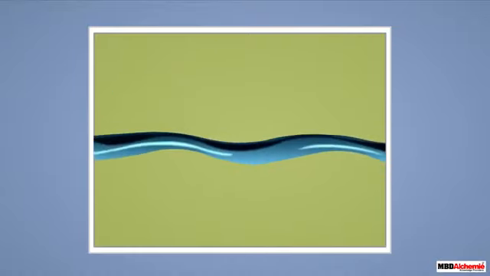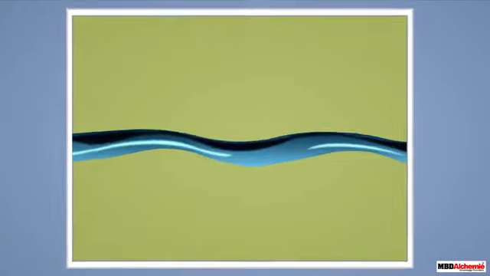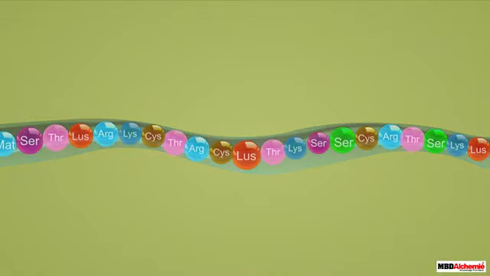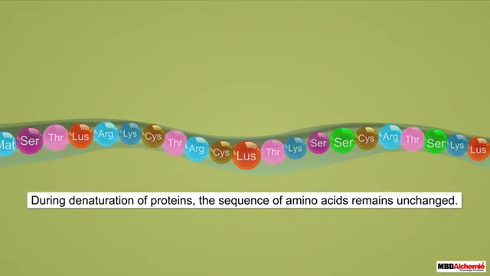The protein unfolds and loses its biological activity. This is called denaturation of proteins. Interestingly, the primary structure of a protein remains unaltered even during denaturation. It means that the sequence of amino acids remains unchanged.